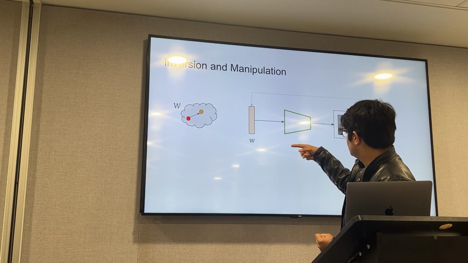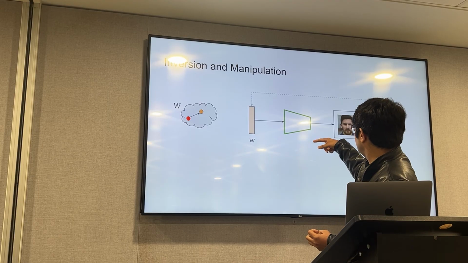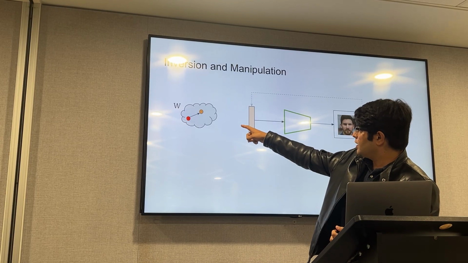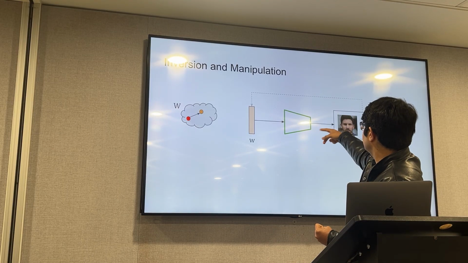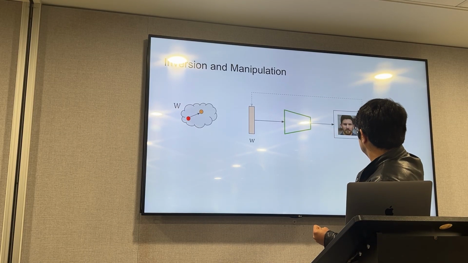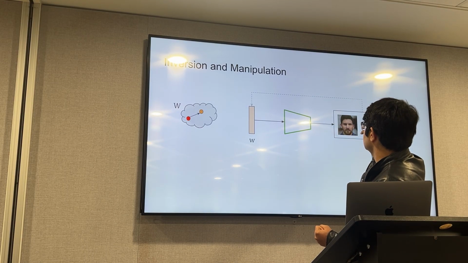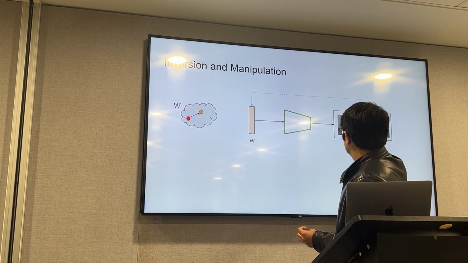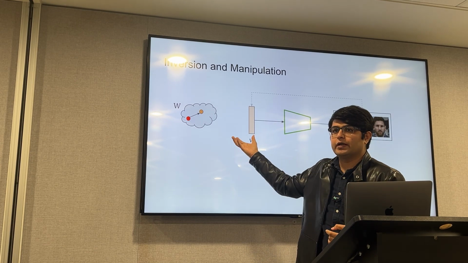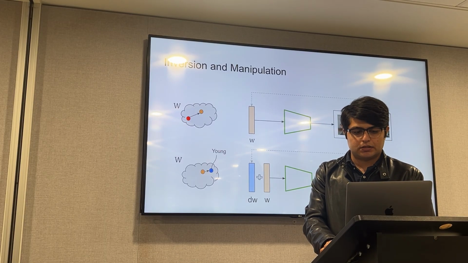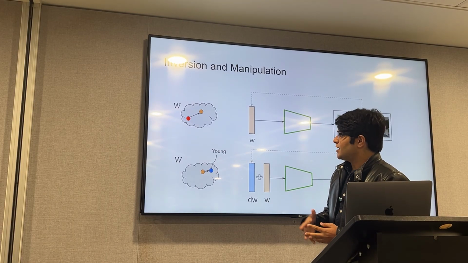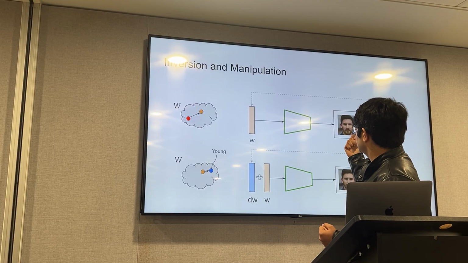We do it with a minimization problem where we start with a random point in this latent space, generate an image from that point, and then minimize the distance between the generated image and the original image. This way we find the latent representation of that image in the GAN space. So that's finding the latent representation.